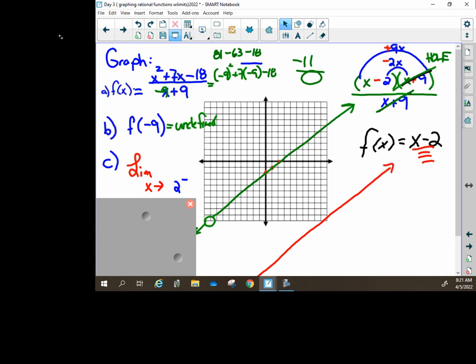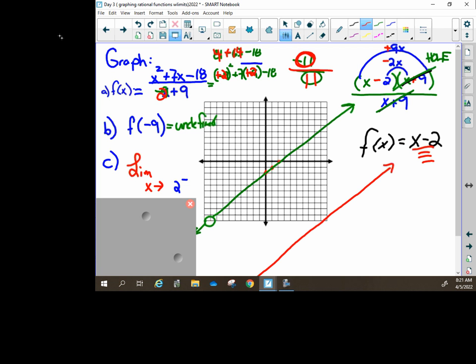So instead of putting in negative 9 here, I'm going to put in positive 2. That's going to give me 4 plus 14 minus 18. Oh, that's 0 on the top. And if I put in 2 down here in the bottom, that's 11 there. What's 0 divided by 11?